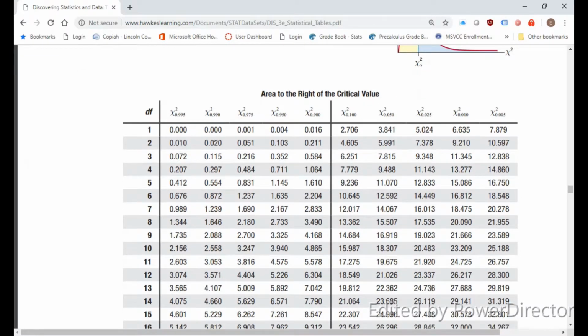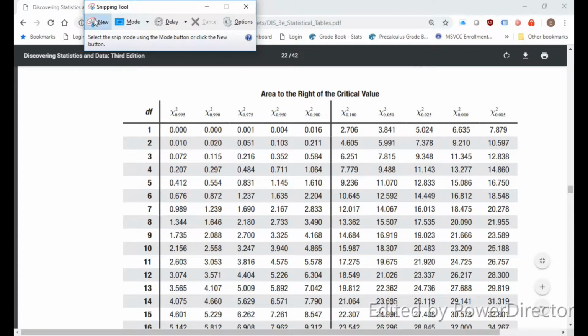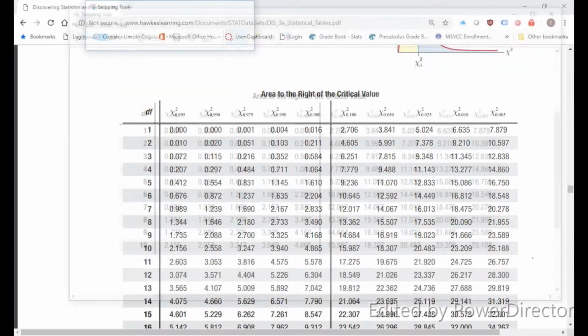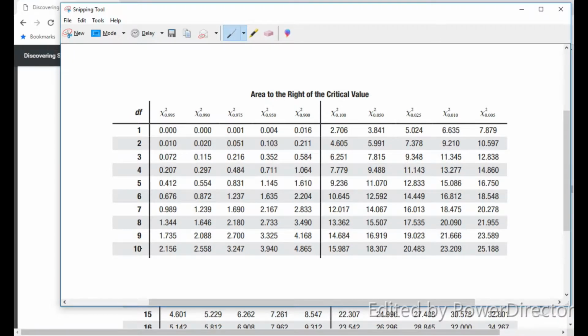I'm going to clip this out so I can write on it. All right. So there's the degrees of freedom. So we're just using this row right here. So let's look for the one that's under 0.975.